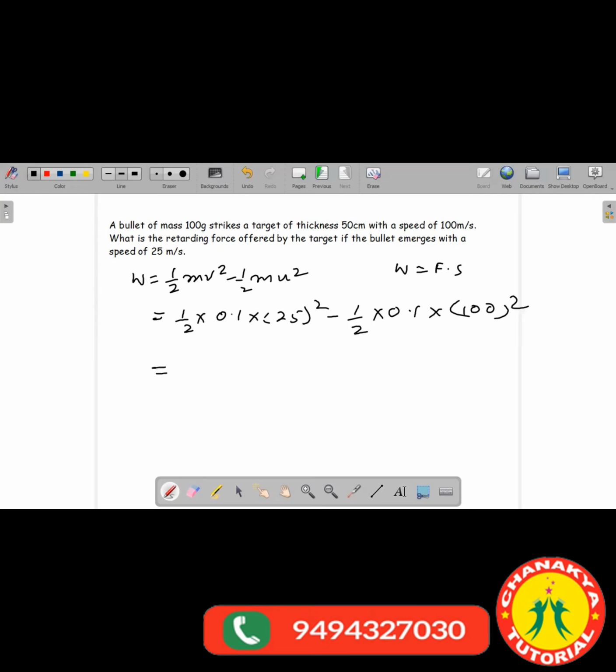Taking out common 1 by 2 multiply 0.1, you will be getting 25 squared as 625 minus 10,000. So subtract and multiply, get the answer.